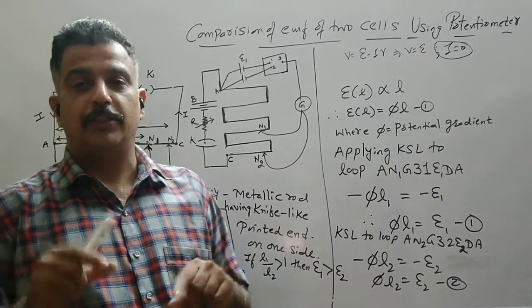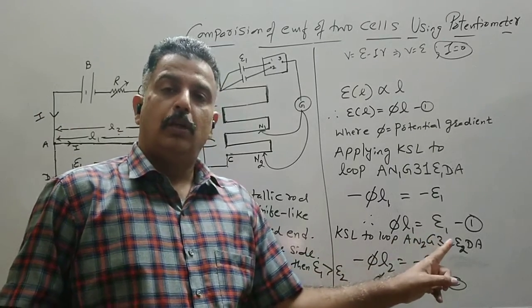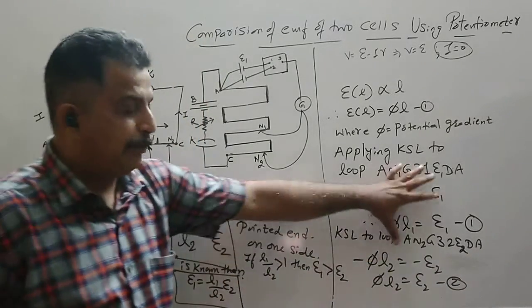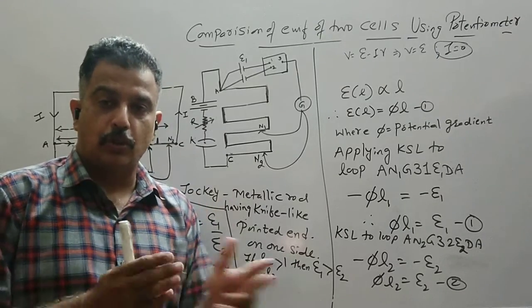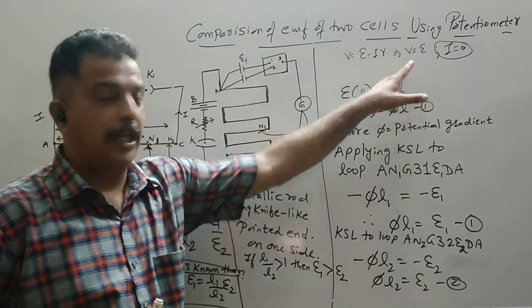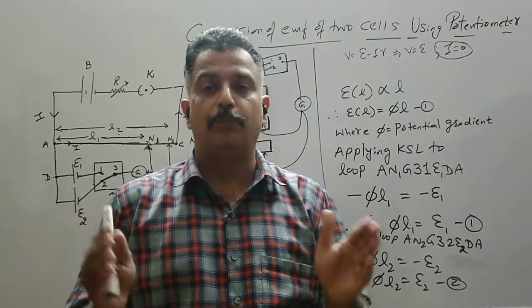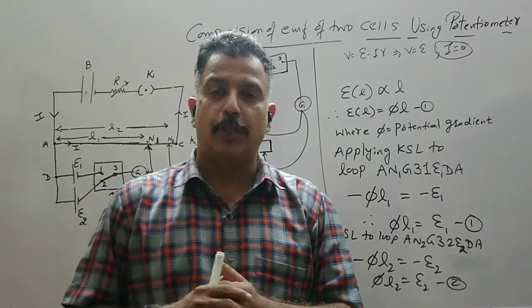So if I have to measure only EMF, I will connect only one cell and I will do one part of an experiment. In the previous lecture, we saw that using the principle of the galvanometer, one can obtain varying potential difference with the help of the potentiometer.